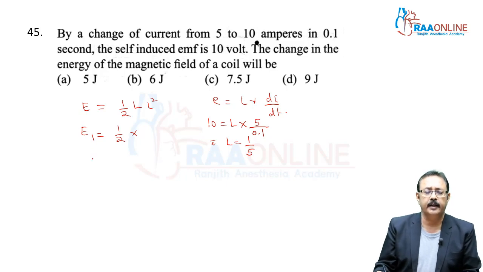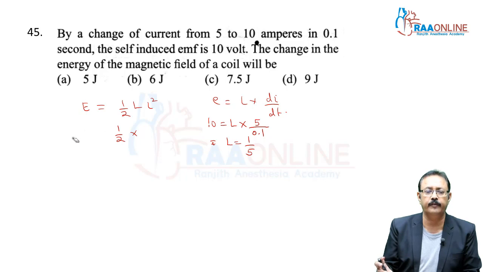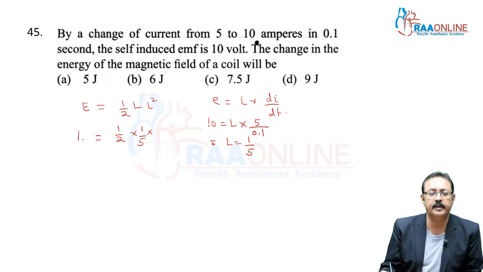So the change in energy, half Li square. So we are getting half, L is 1 by 5, I square. Initially it was 5 ampere, so 5 square is 25, so it was 2.5 joule.